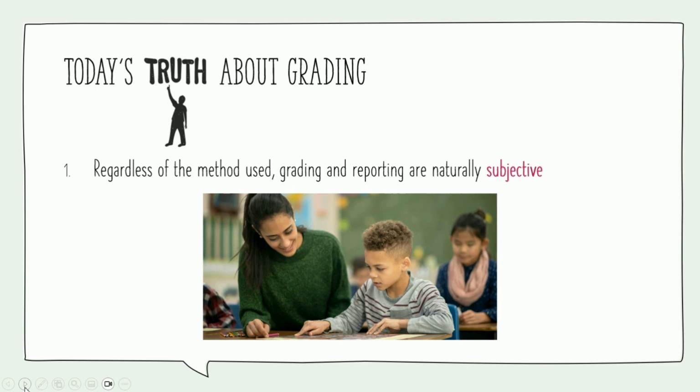Teachers' perceptions of students' behavior, for example, can significantly influence their judgments of academic achievement. It's human nature to have biases or natural inclinations. It's human nature to make judgments. We're all humans, teachers included. So we have to choose a grading method that limits damaging subjectivity and promotes healthy subjectivity.